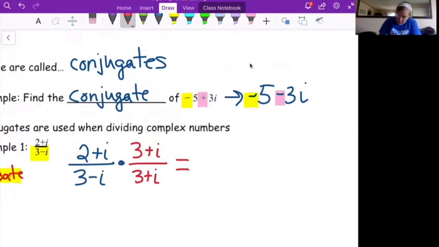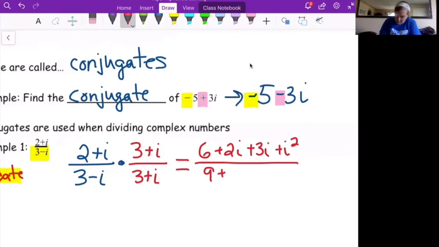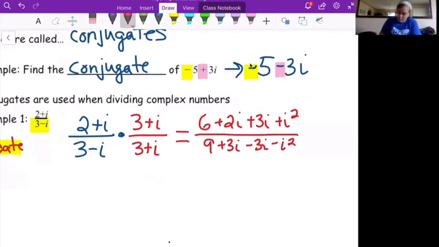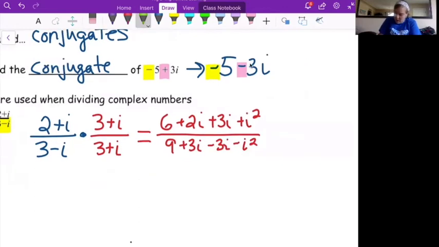And so this is going to be 6 plus 2i plus 3i plus i squared, all over 9 plus 3i minus 3i minus i squared. And so again, we want to remember that i squared is negative 1.